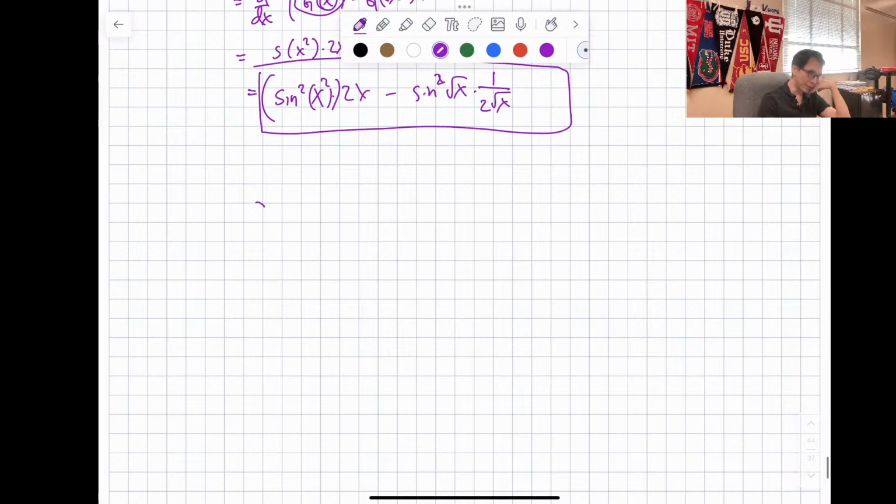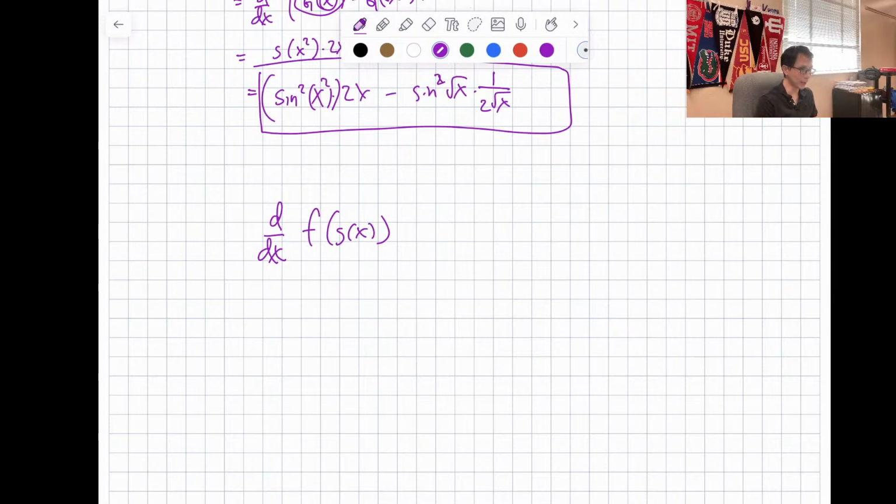But if I ever take a derivative of f of g of x like this, it's going to be a chain rule, right? Do you guys remember this rule?